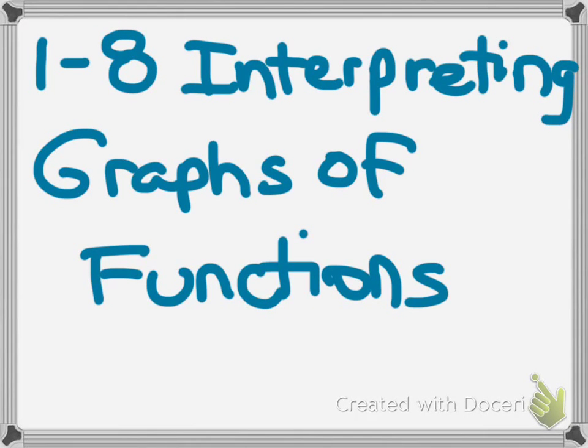Today we're going to look at how to interpret graphs of functions. Now there's many new vocabulary words that we will be using in this lesson, including extrema and end behavior and relative maximum and relative minimum.